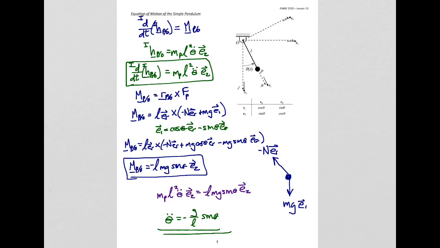As a result, we completely eliminated the constraint force. We didn't need it, so that was a pretty quick process. That's a great result. However, the bad part is that we don't have an expression for the constraint force. We'll have to get that some other way. So it's kind of good and bad.